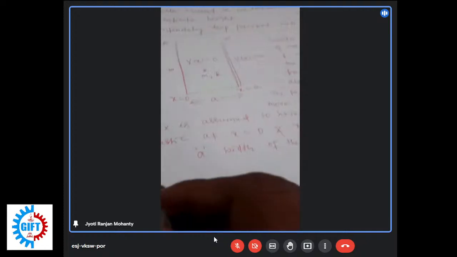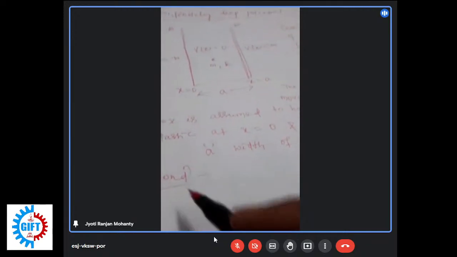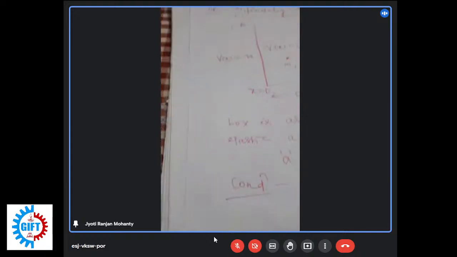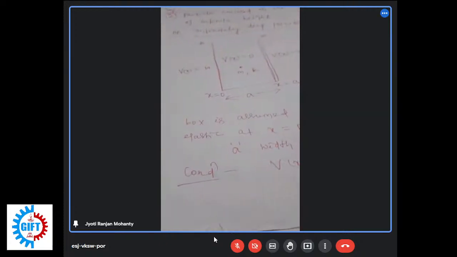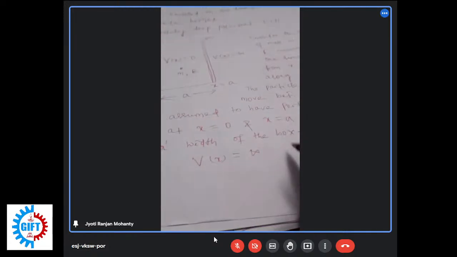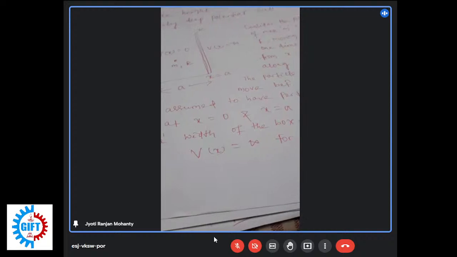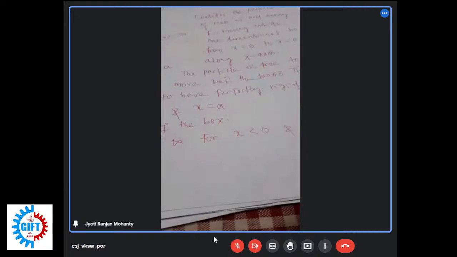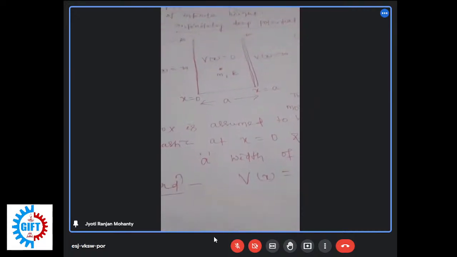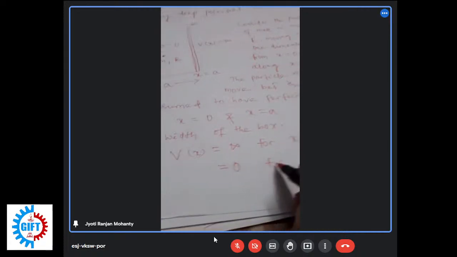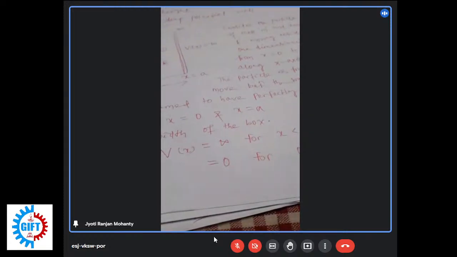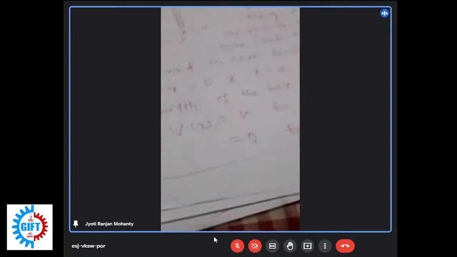Okay, so here we have to apply one condition. What is the condition? Mathematically we have to write the potential, meaning potential energy, is infinity for x less than 0 and x greater than a. Similarly, the potential is equal to 0 for 0 less than x less than a. So you have to mention these two things.